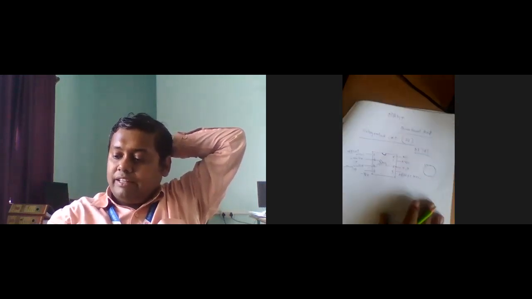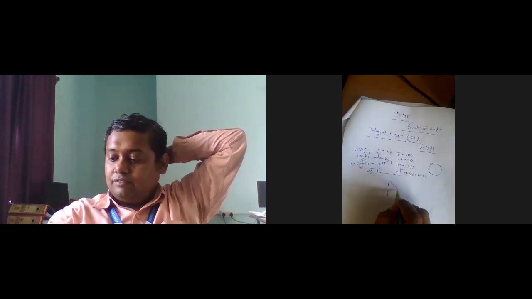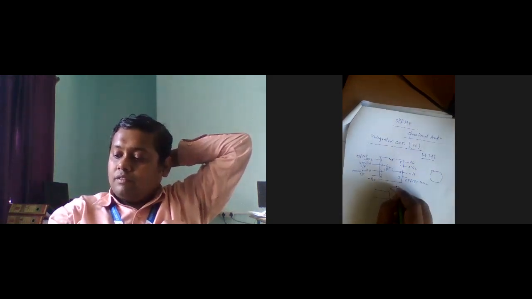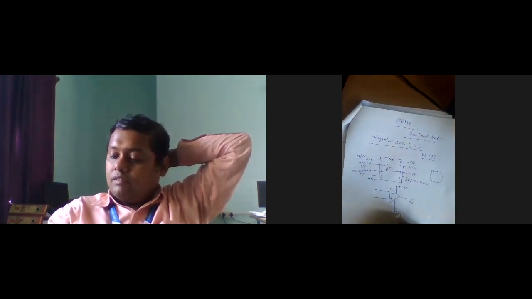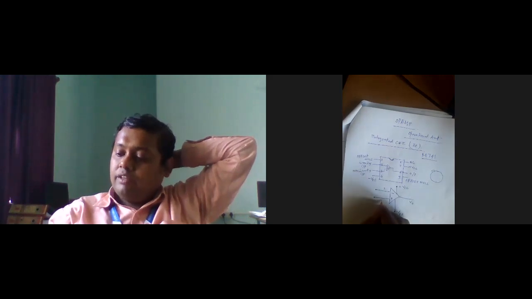If we denote the circuit symbol of the operational amplifier, this is pin number 2, pin number 3, this is 7, this is 4, this is 6.